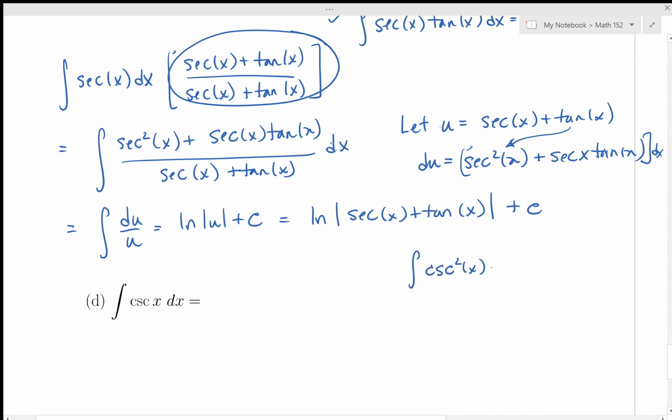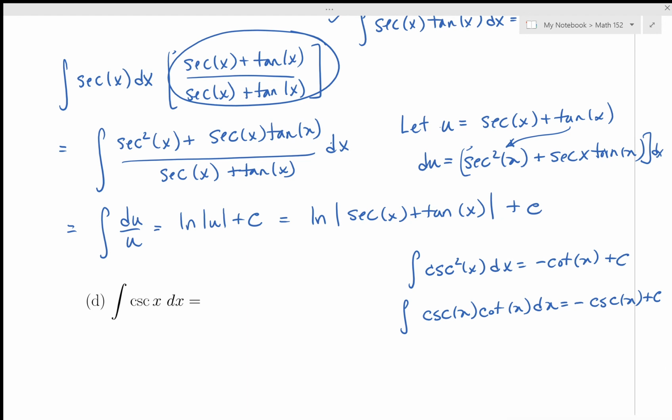The integral of cosecant squared x dx is minus cotangent x plus c, and the integral of cosecant x cotangent x dx is minus cosecant x plus c. So the derivatives of the cotangent and the cosecant should be known to me. They are known to me, and if they're not, I can figure those out easily.